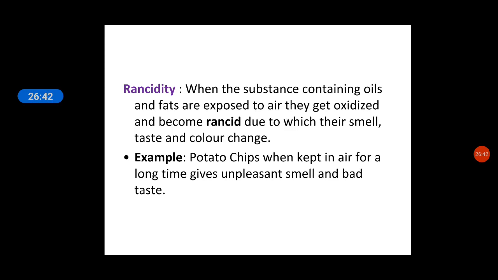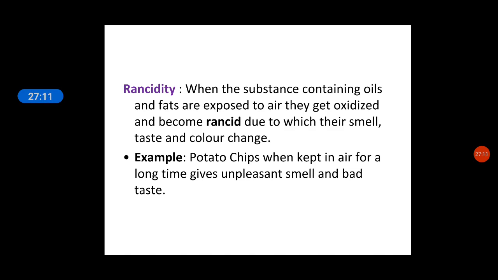The color of the oil also changes, showing a pale or brown color. It is very harmful to human health, because if you eat foods made with that kind of rancid oil, you may get food poisoning, gastric problems, loose motion, etc.